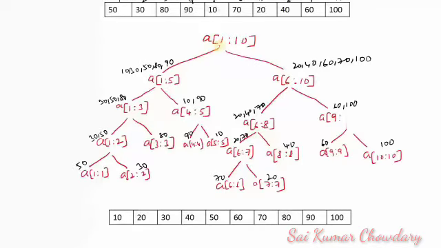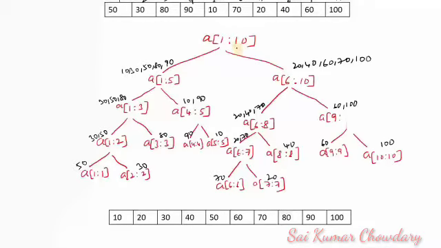That is an array, with the initial and last element, a of 1 to 10 being all the elements. It will divide this array into two parts, based on the mid value. So if I take the middle value, first plus last by 2, I'll get the mid value.